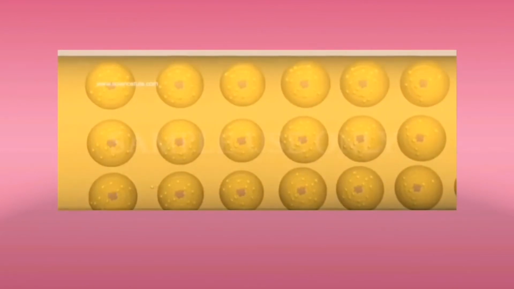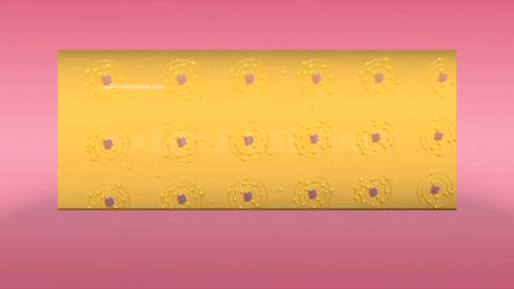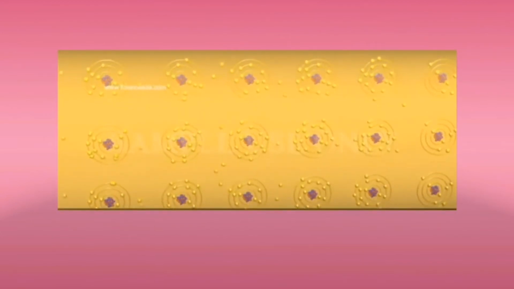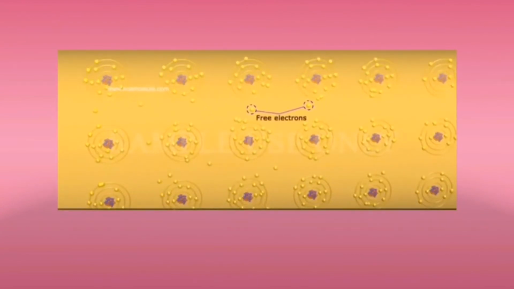The number of free electrons in a metal is quite large, approximately 10 raised to power 29 per meter cube. These electrons are randomly moving inside the metal in any direction. These electrons are called free electrons, conduction electrons, or valence electrons.